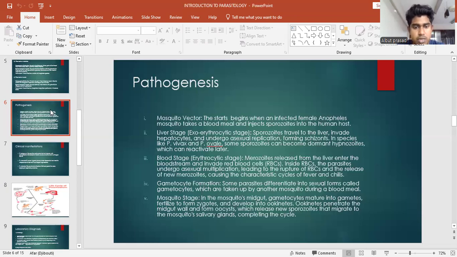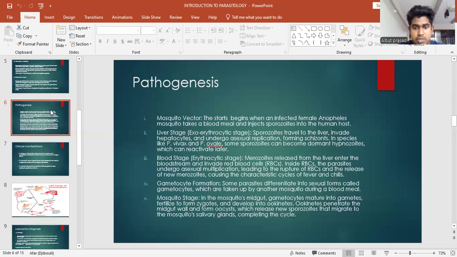Fourth, gametocyte formation. Some parasites differentiate into sexual forms called gametocytes, which are taken up by another mosquito during a blood meal. So the second mosquito will come and take in blood, which contains the gametocytes of the previous Plasmodium.